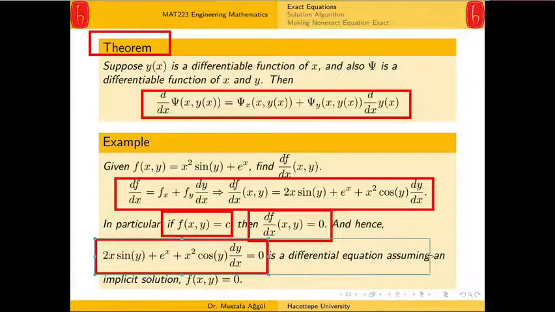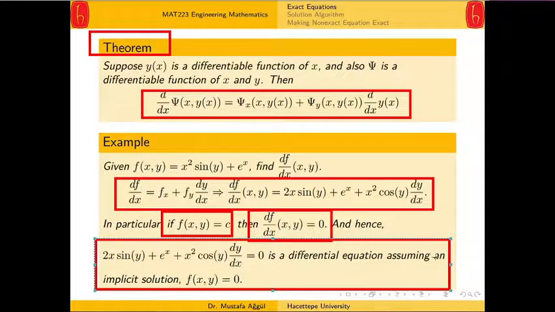So this is the differential equation, and this differential equation in particular assumes the implicit solution f of x comma y equals c, sorry, so this is supposed to be c. So this is the differential equation, assuming this as a solution.